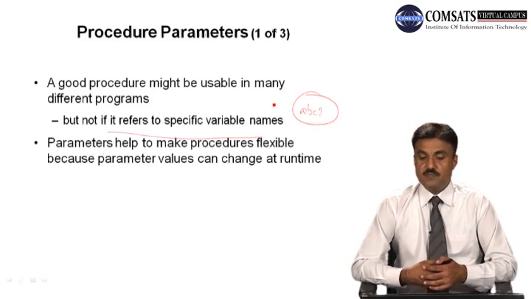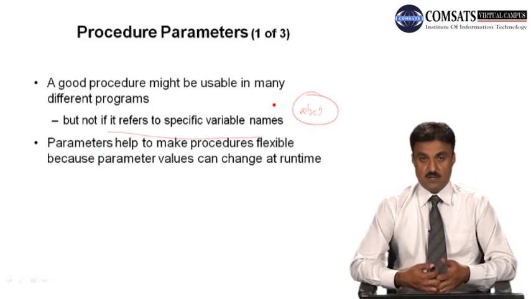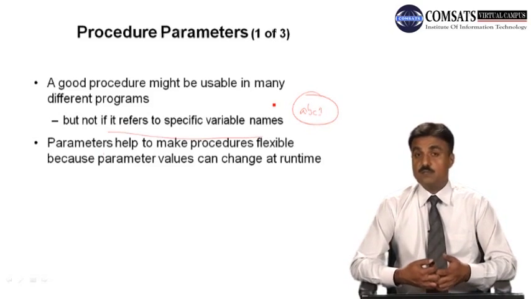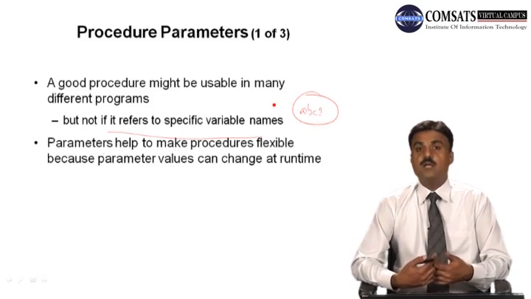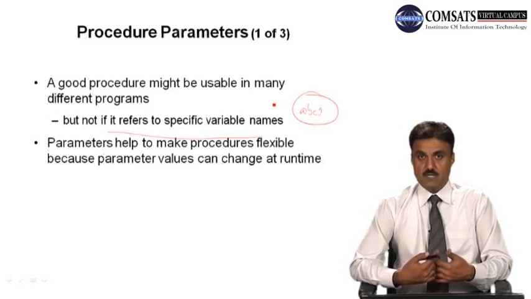So these parameters help to make procedures flexible because the parameter values can change at runtime. So whatsoever the parameters or the variables that you use inside the procedure, they must be general, not specific ones.